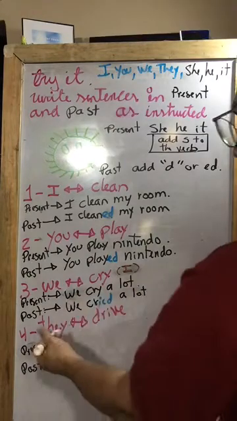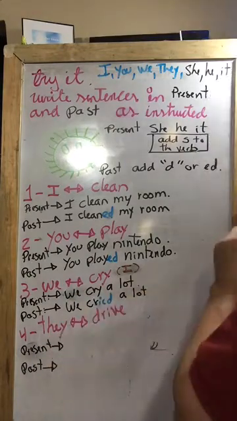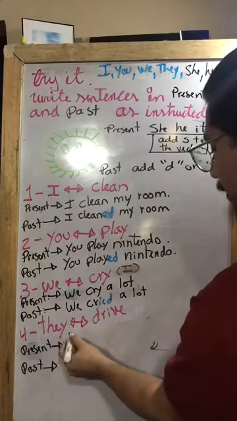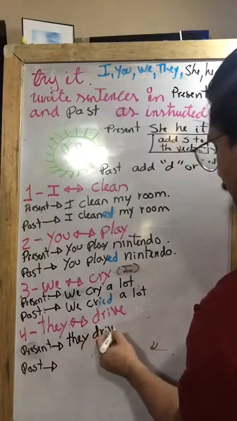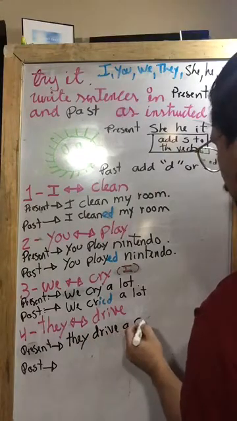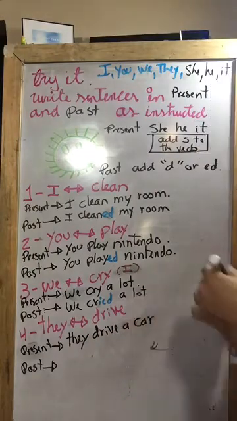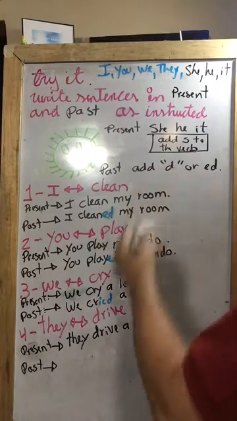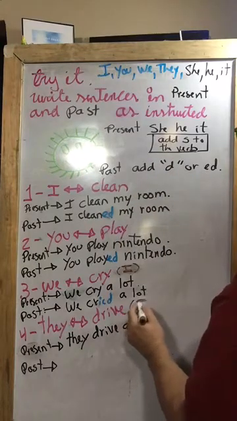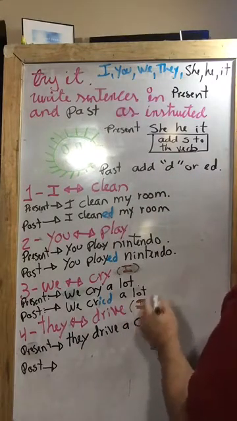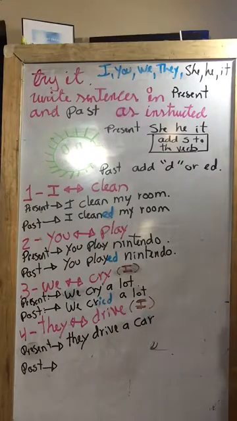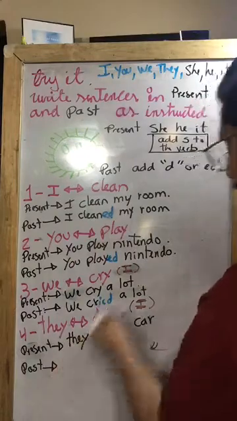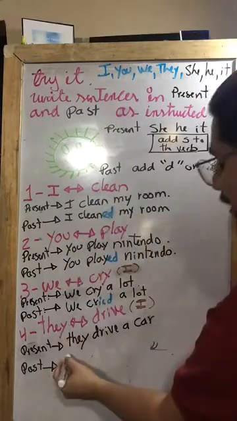Then we have they drive. So we write in there, they drive a car. But in this case, this is irregular, so I'm going to write a big I in there. It lets you know that this verb, as much as it's irregular, we are not going to write the same.